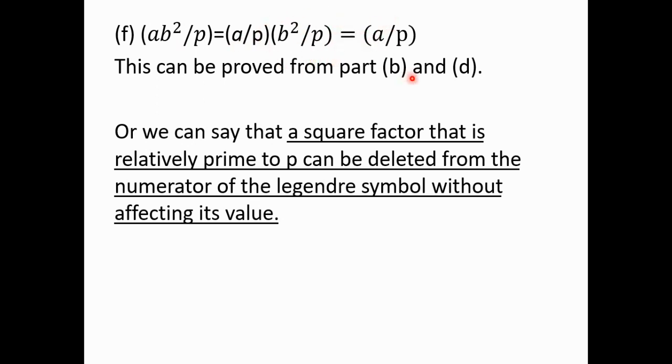So this is equal to (a/p). So from this property F, we can say that a square factor that is relatively prime to p can be deleted from the numerator of the Legendre symbol without affecting its value. So we have removed this here and this is equal to (a/p). When we are solving any problems on the Legendre symbol, we can use it.